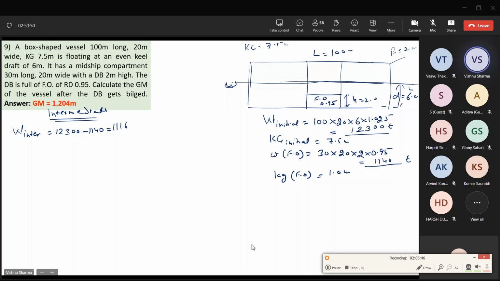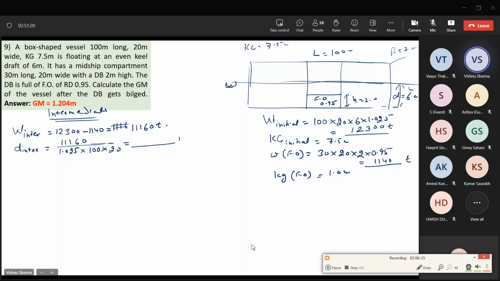It will be 11160 tons. Okay, I can find out the vessel's draft in the intermediate condition by law of flotation: 11160 divided by 1.025, divided by the length of the vessel and the breadth of the vessel.